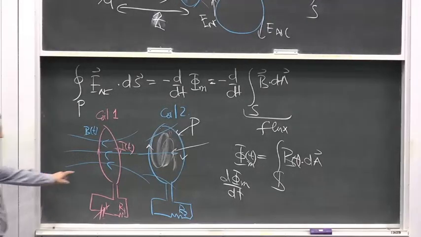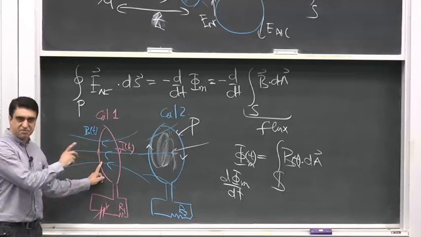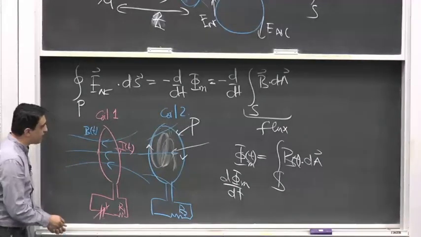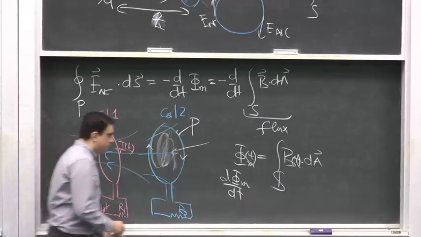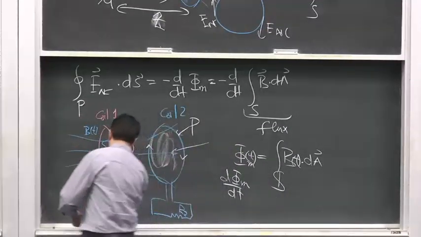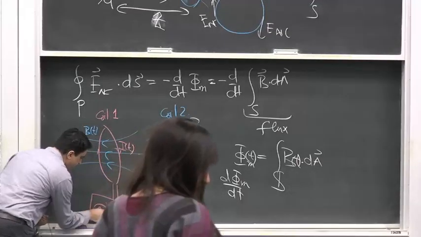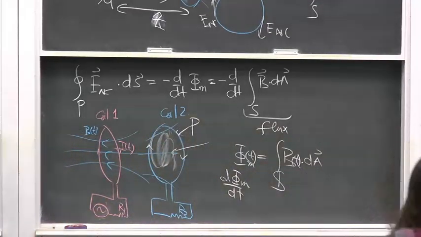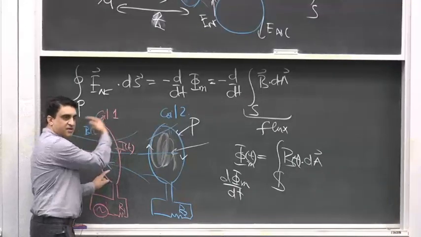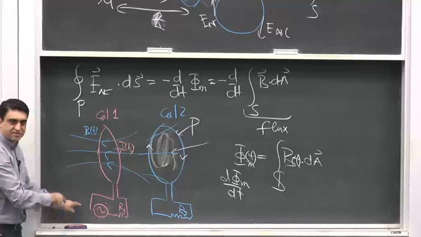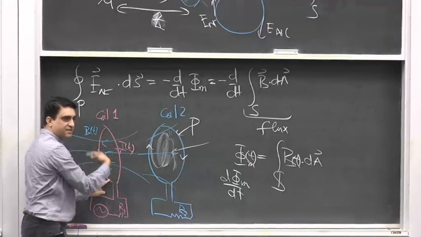But the important thing here is you can reverse the direction of the magnetic field here. For example, if you have a sinusoidal voltage here, you may have a positive voltage at one position, so it may have a current in one direction, but if you have a negative potential, it would draw current in the other direction.